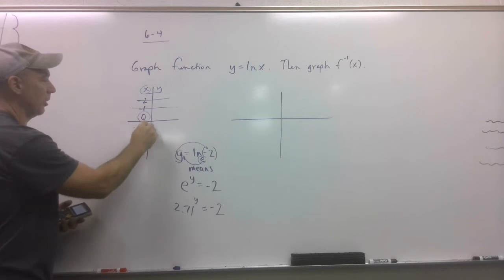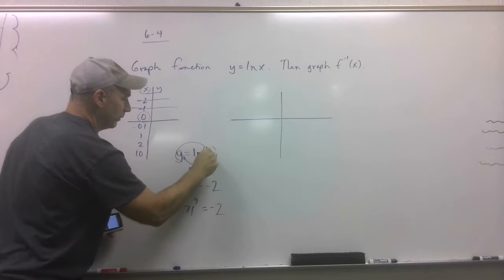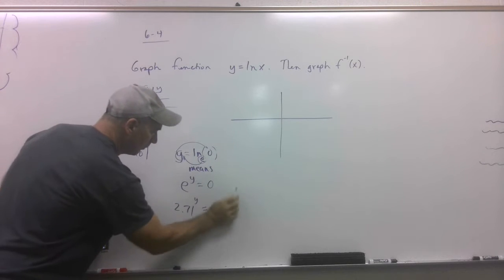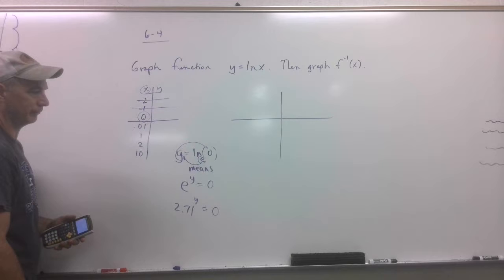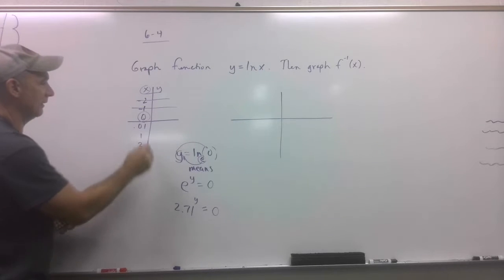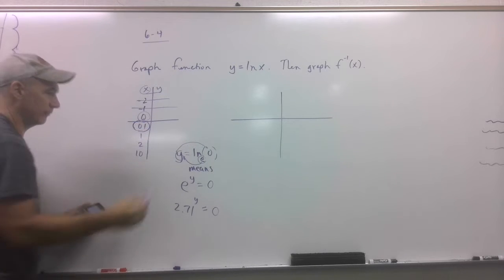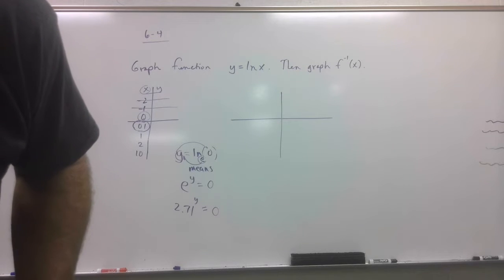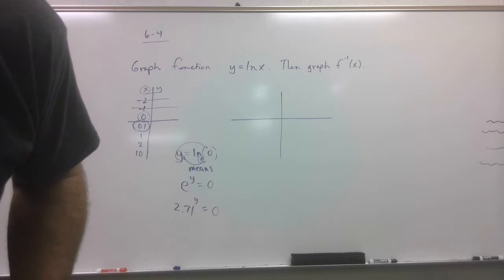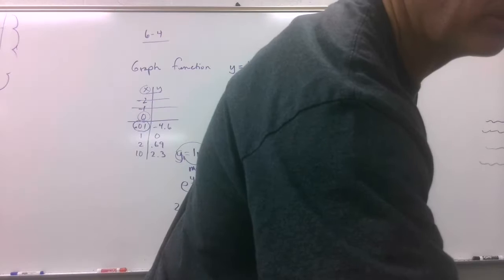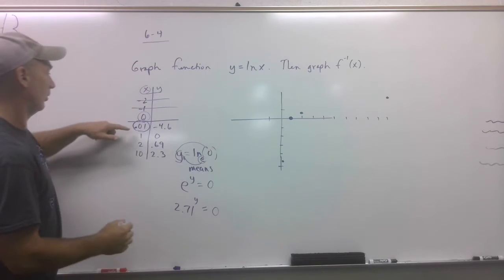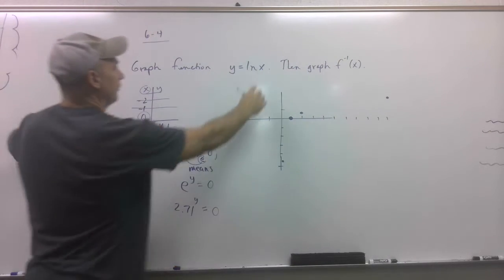What about this 0? If I put a 0 in there, how could that happen? So I typed in 0.01 here.